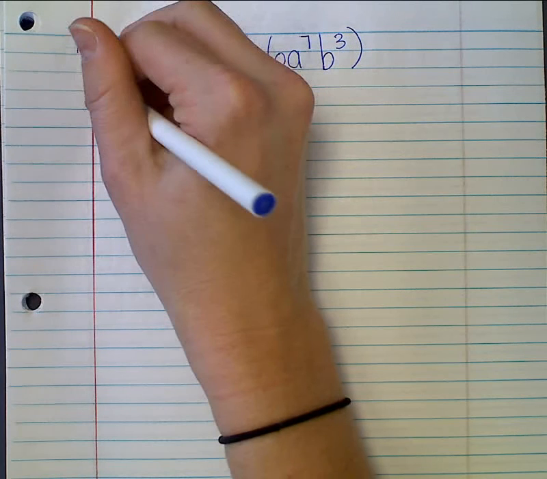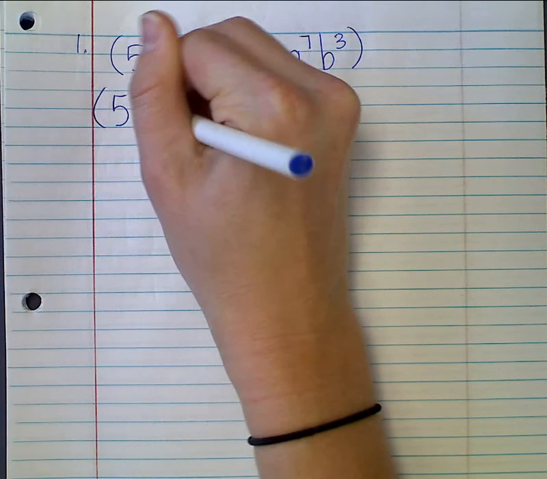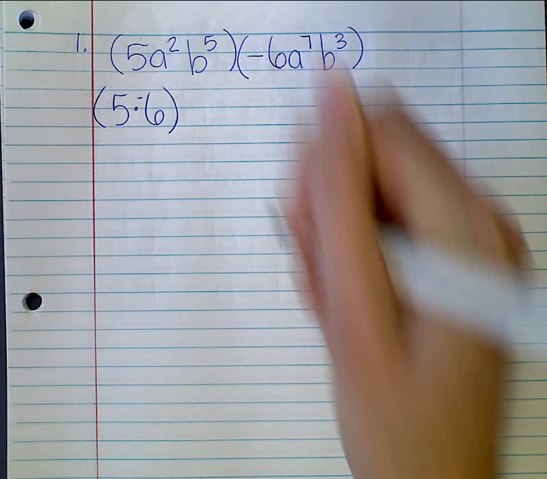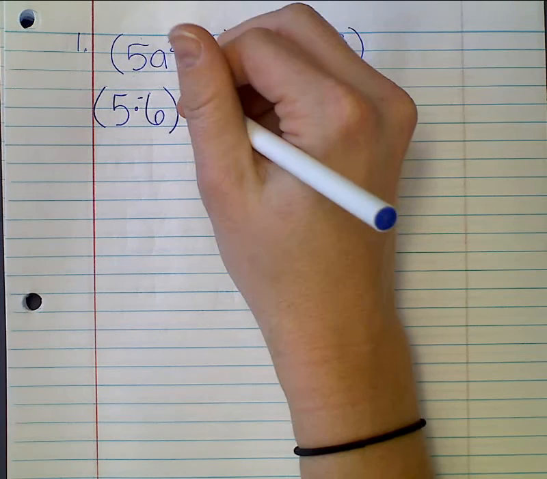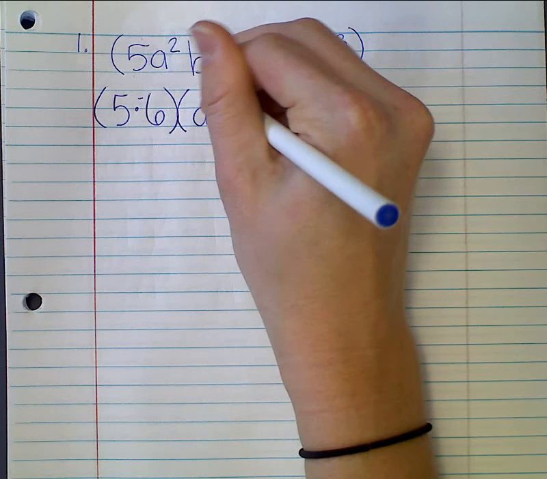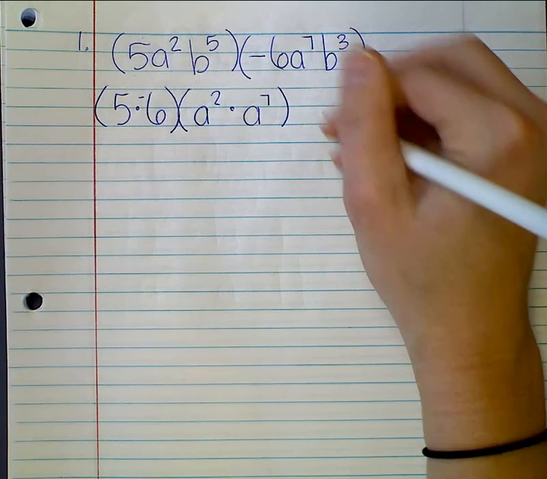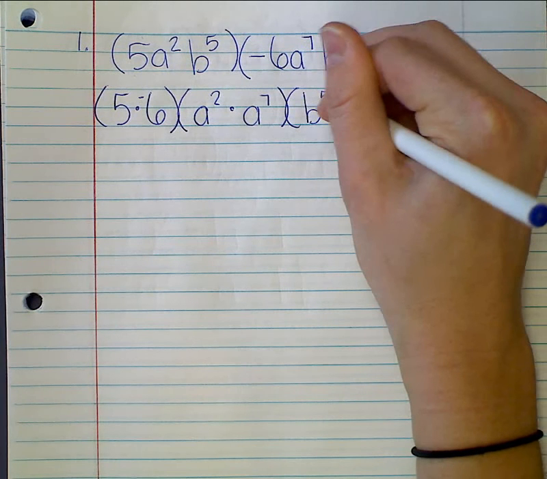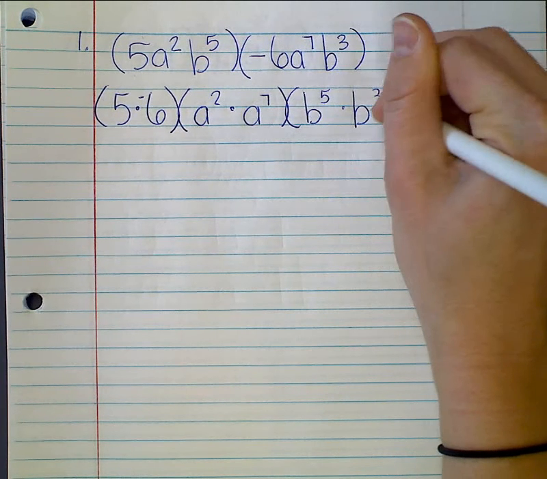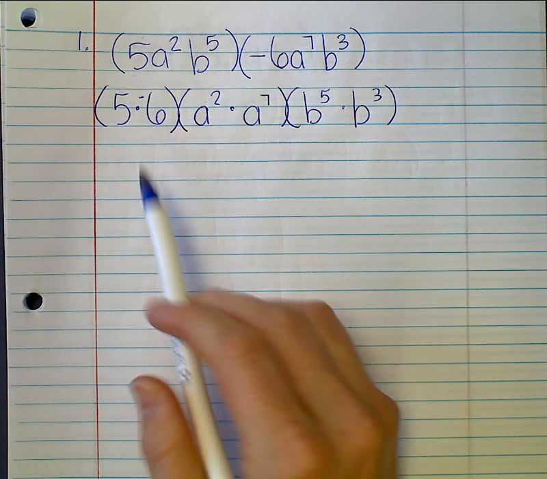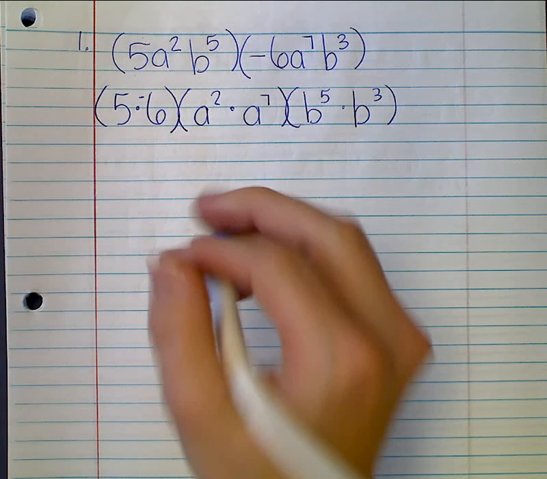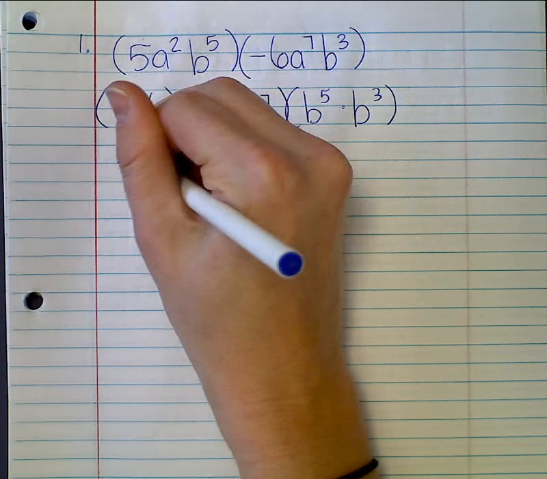We'll multiply these. Group together your a's, a squared times a to the 7th power, and your b's, b to the 5th power and b cubed. Go ahead and multiply your coefficients, 5 times negative 6, and you'll get negative 30.